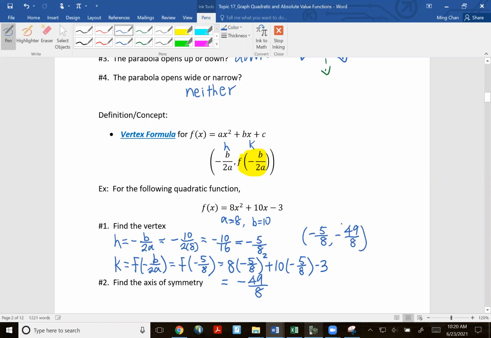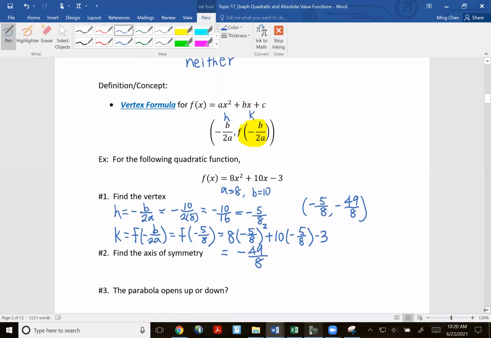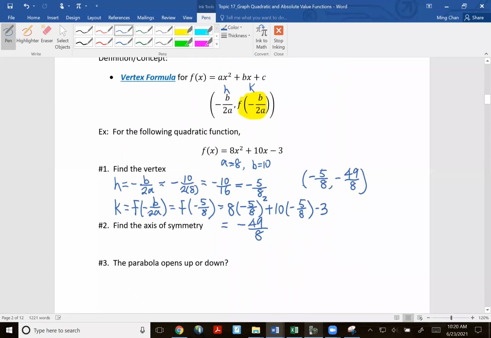That's my vertex. All right, so this parabola we know opens up because the a is actually a positive 8, not a negative. The axis of symmetry is the vertical line that will cut through my parabola into two halves. So the vertical line should have the equation x equals negative 5 over 8.